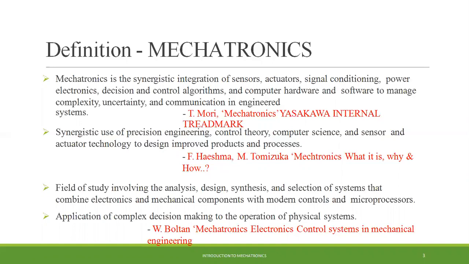Control theory, computer science, and sensors are related to the rest of the departments that we have discussed presently, right? So the movement or actions performed by an object with the combination of these and all the interdepartmental components is called mechatronics.